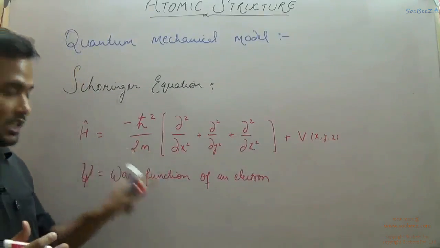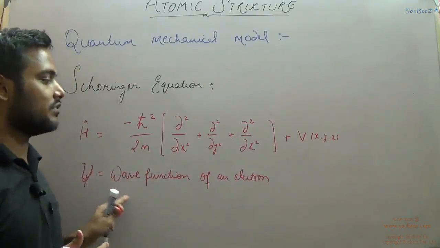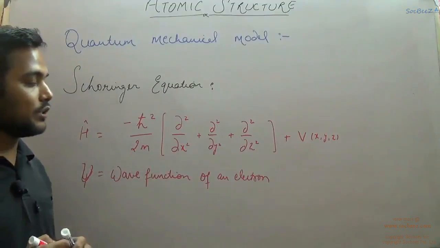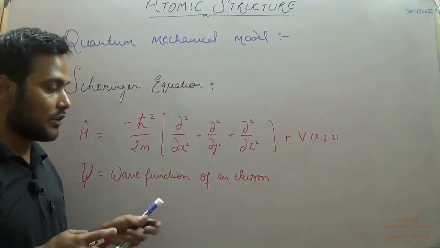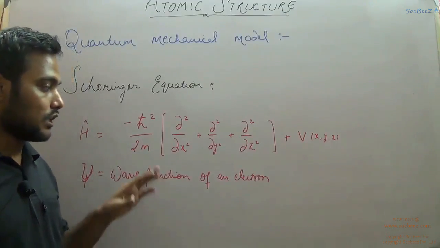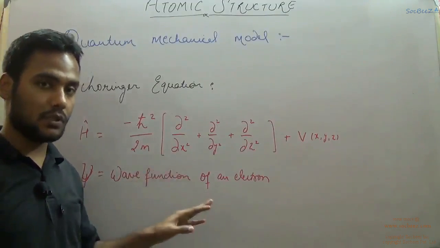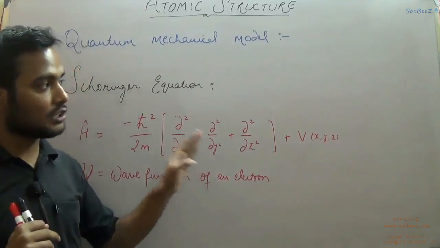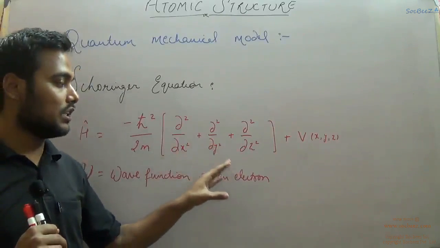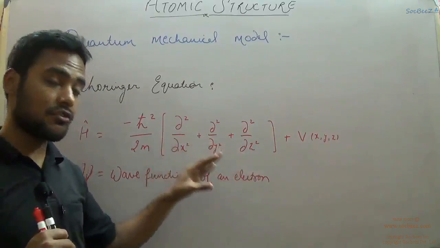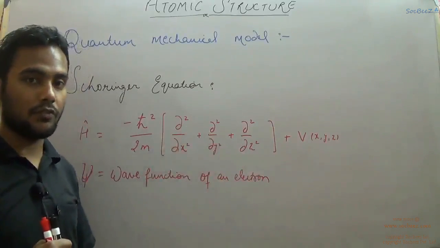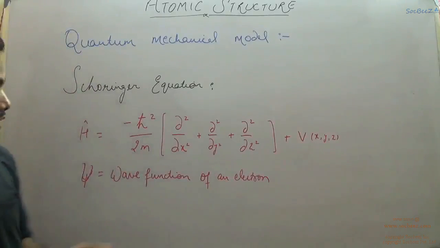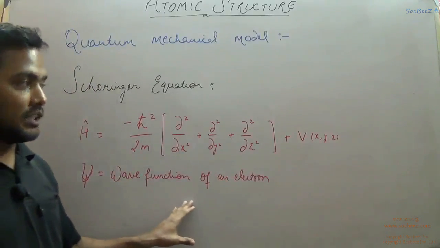Since we are discussing the electron of an atom, therefore this is the wave function of an electron in this case. Because what we are trying to figure out is what is the possible location of an electron, so that we can actually see how the electron path or electron trajectory may look like. Okay, we cannot know whether this trajectory is exact or not.